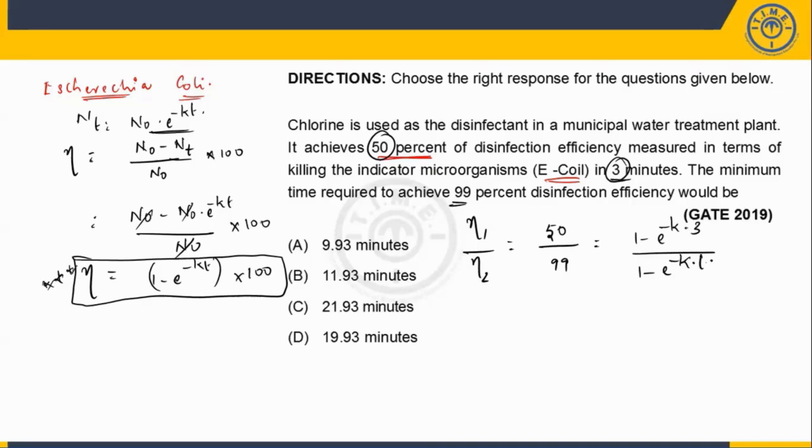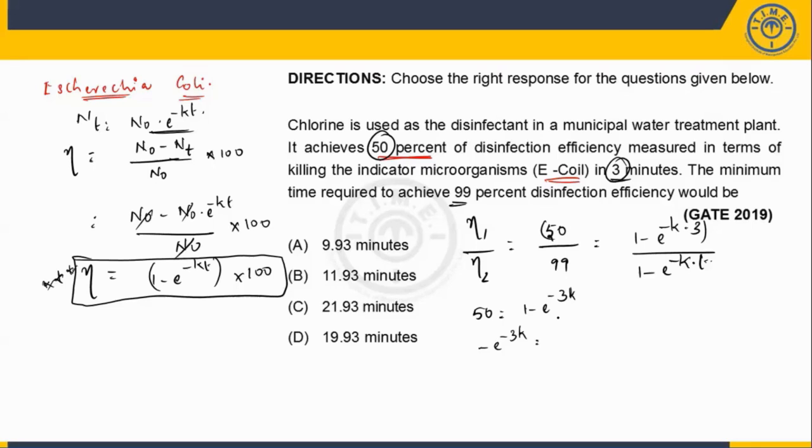Or else let's do one thing. From 50 equal to 1 minus e power minus 3k, find k. Minus e power minus 3k equal to 1 if it goes to the left side.